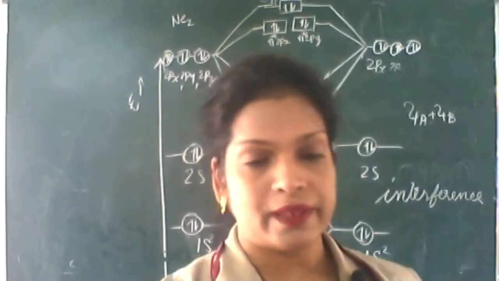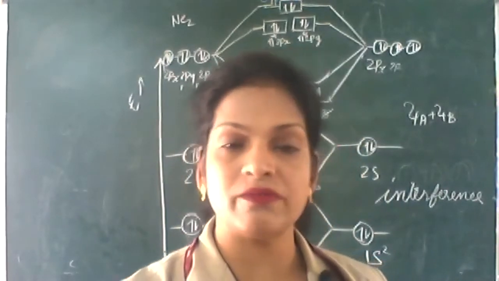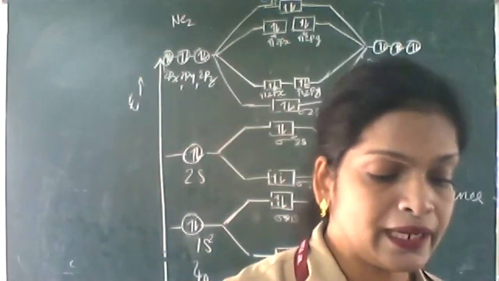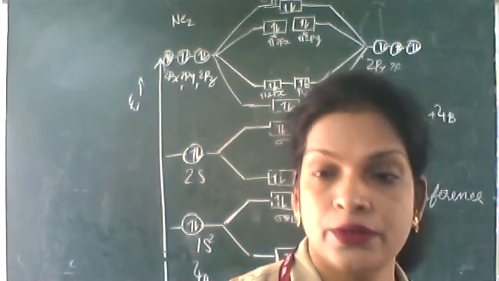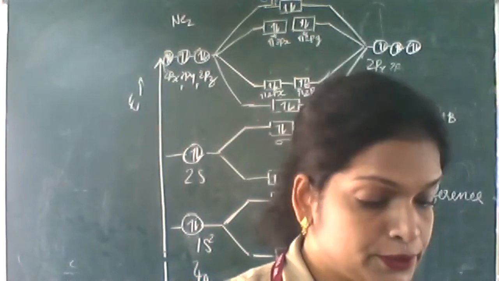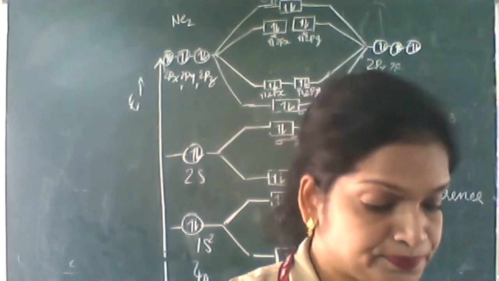In ABMO, anti-bonding molecular orbital, two electron waves cancel each other due to destructive interference.